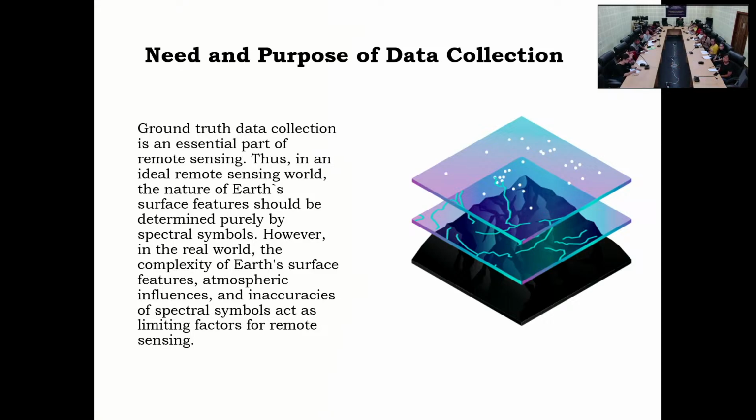So generally what we think, what I have written here, whatever we are seeing from satellite looks like the same thing, that grassland is looking the same, but there are complexities. They have different spectrals, so it makes it very difficult for us to differentiate. So these are the purposes for which we are collecting data in remote sensing.